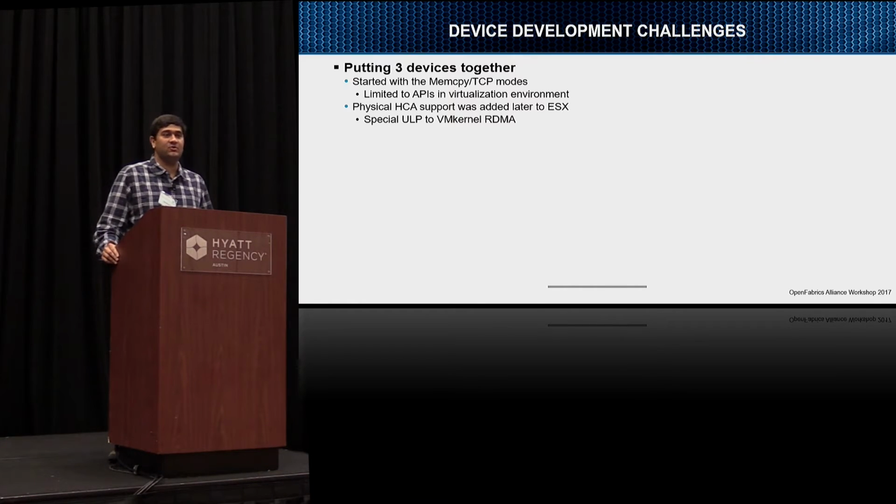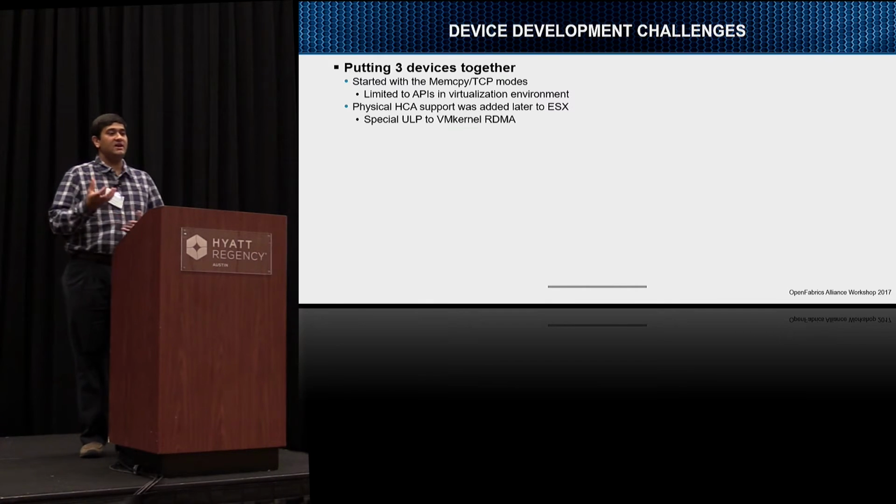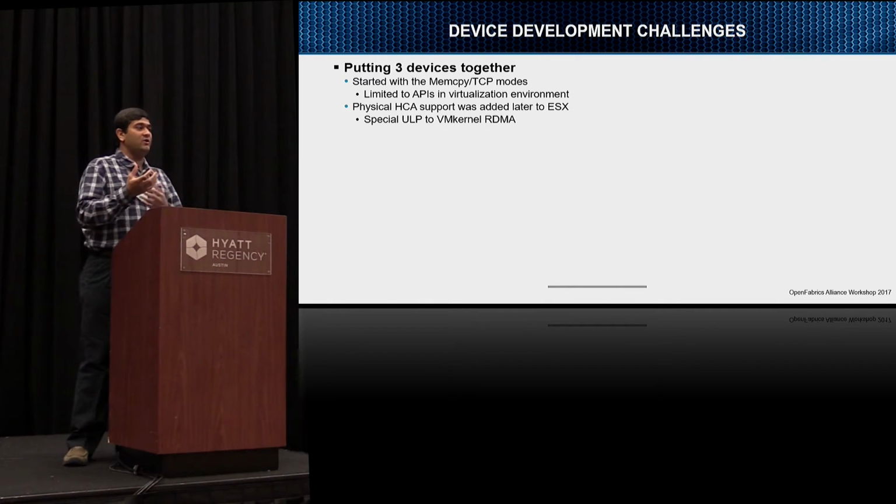The physical HCA support was actually added later on. So we wanted to make sure that the behavior obviously was consistent. But once the RDMA support was added, we wanted to make sure that PVRDMA was really a special ULP to the existing RDMA stack. And we had to make some modifications even to the ESX RDMA stack to ensure that we can support user MRs and other RDMA features as well.